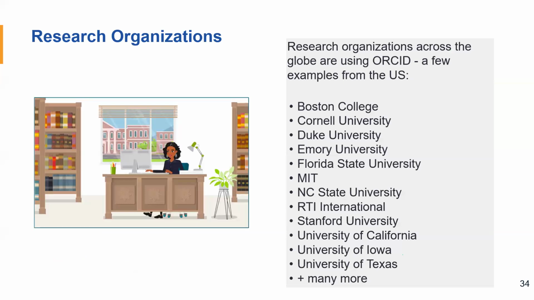Research institutions, organizations, especially universities, are also increasingly using ORCID in their workflows. And these are just a few examples from the US, like Cornell University, MIT, Stanford University, University of Iowa, and University of Texas. But there are more organizations, more institutions that are using ORCID.